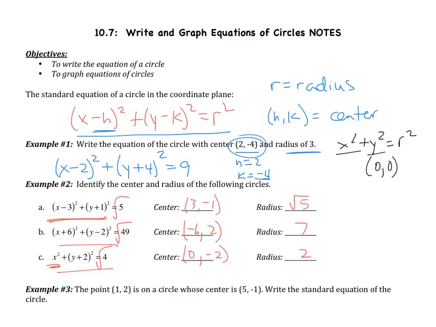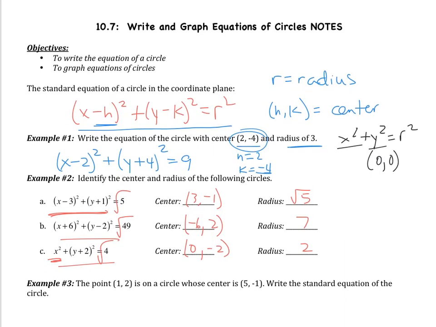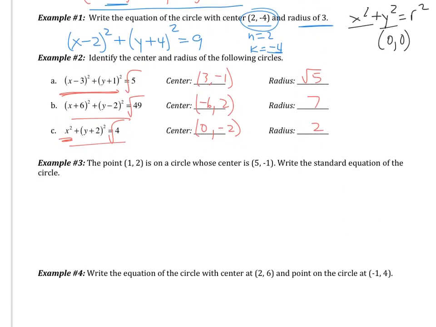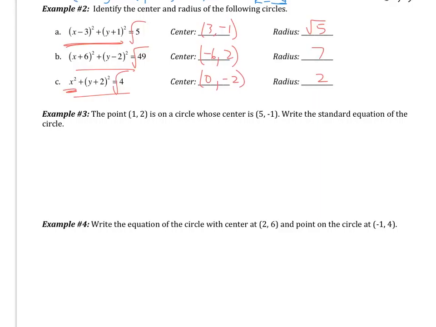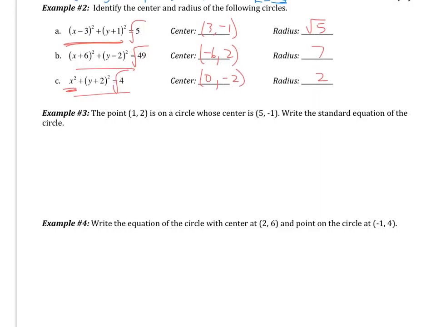Okay? All right, to make it a little bit tougher, now we're going to talk about a point that is on the circle and the center. Our focus here is going to be to solve for the radius, or the radius squared, so that we can complete our equation. So based upon what we know, we have a center at (5, -1), and a point on the circle at (1, 2).